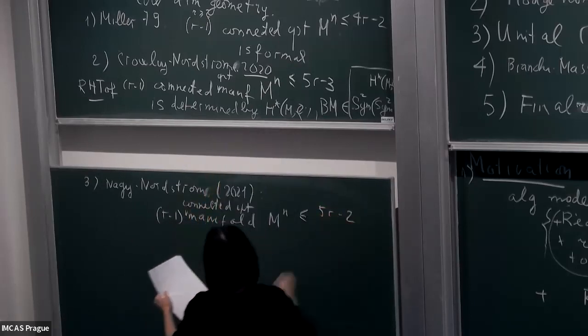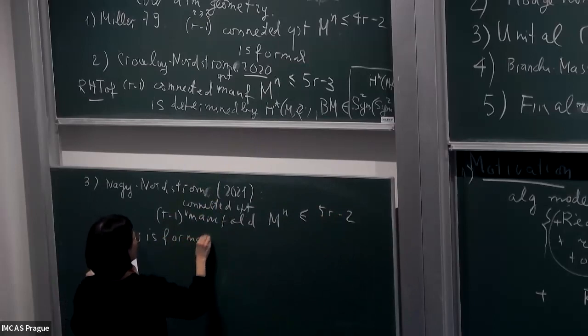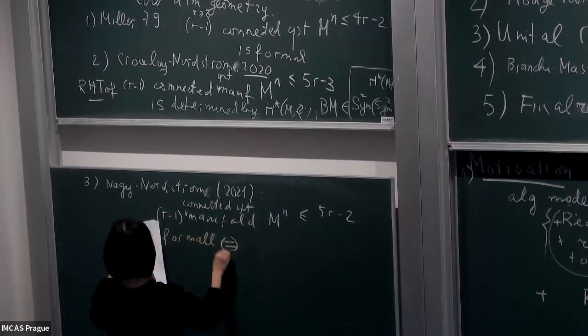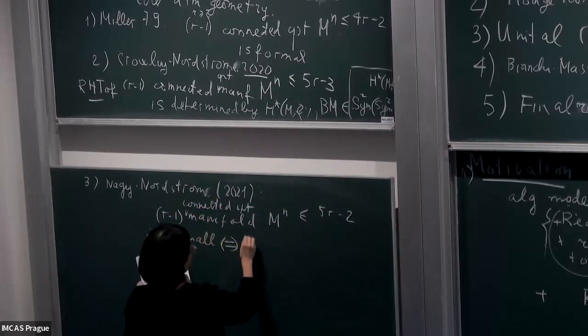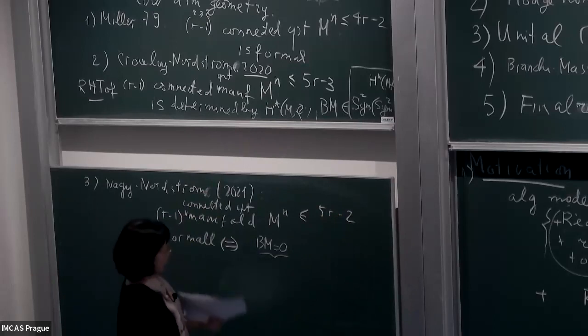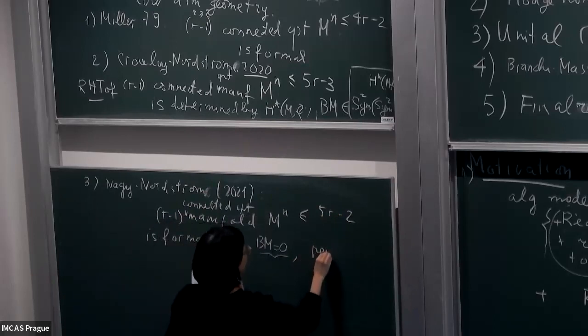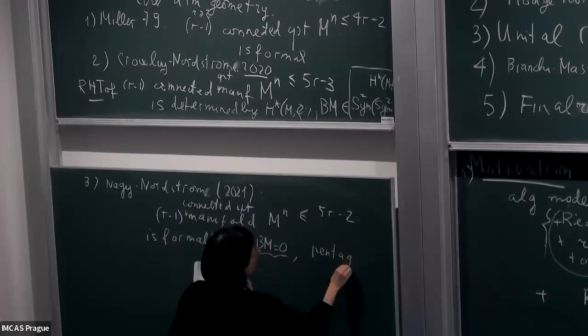with n equal to 2, is formal if and only if the Bianchi-Massey tensor equals 0, because that is something related to the Massey triple product. And the other thing is a pentagon Massey product.